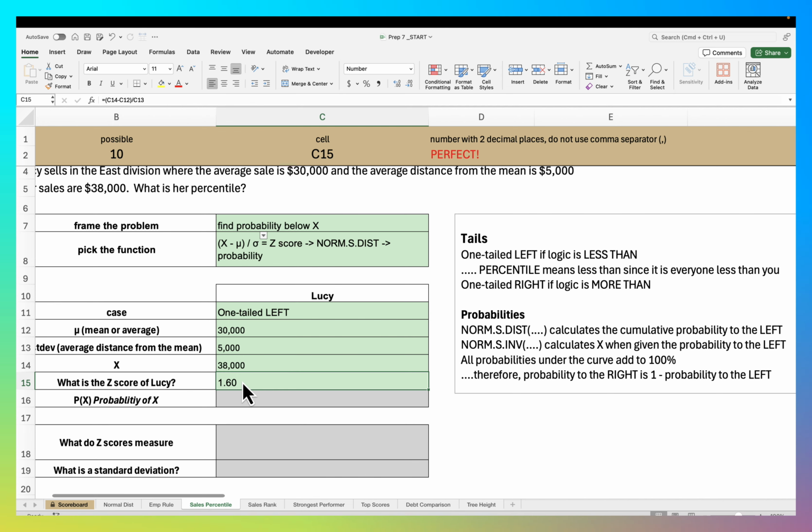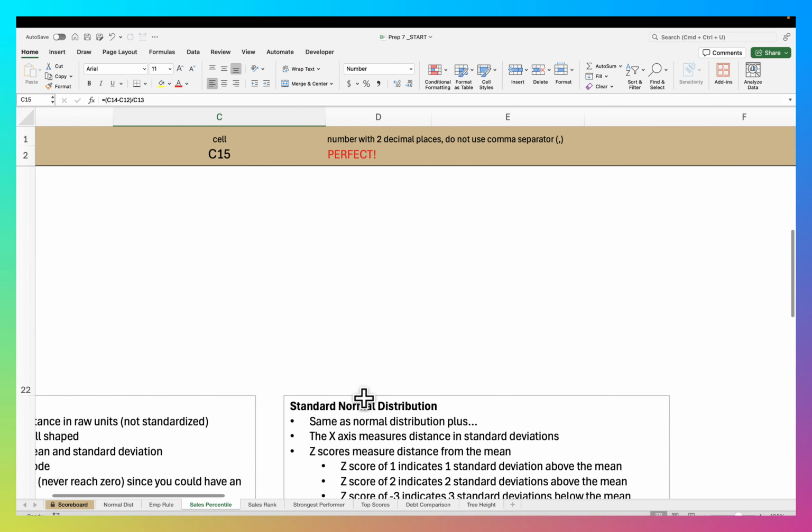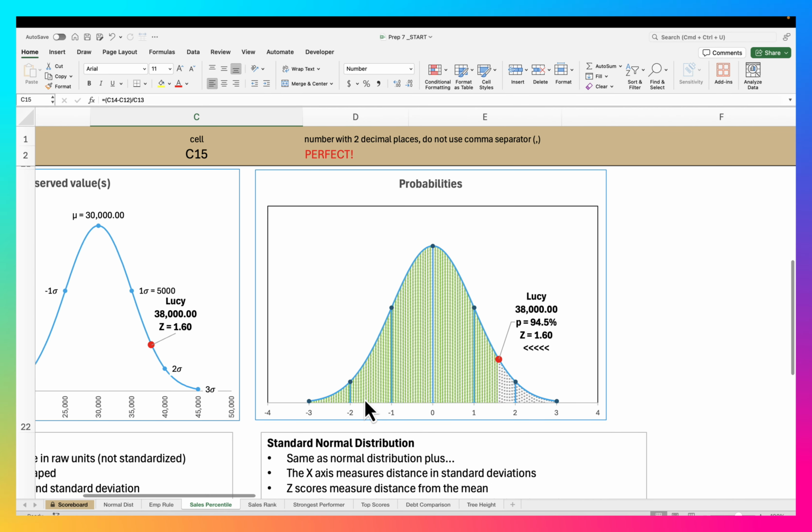All right, and so that's 1.6. Lucy is 1.6 standard deviations above the mean, which you can see here in the graph is really true. She's 1.6 standard deviations above the mean here, and here as well. Now the question is, what percentage does that correspond to? So we know it's 1.6 standard deviations. We could use a little empirical rule trick to try to figure it out, but when you're between numbers, it's hard.